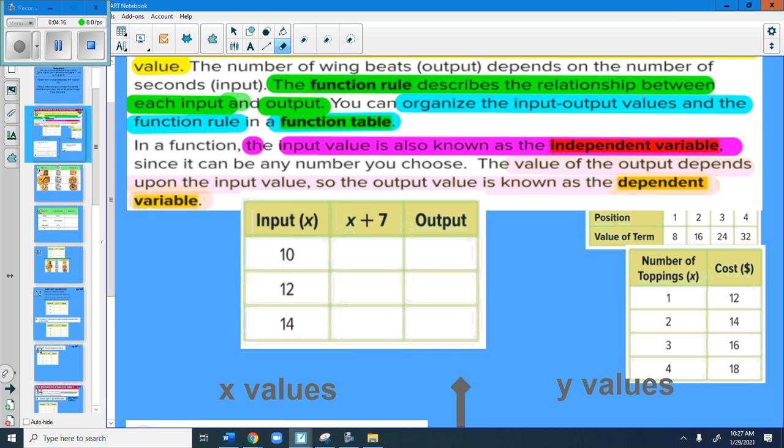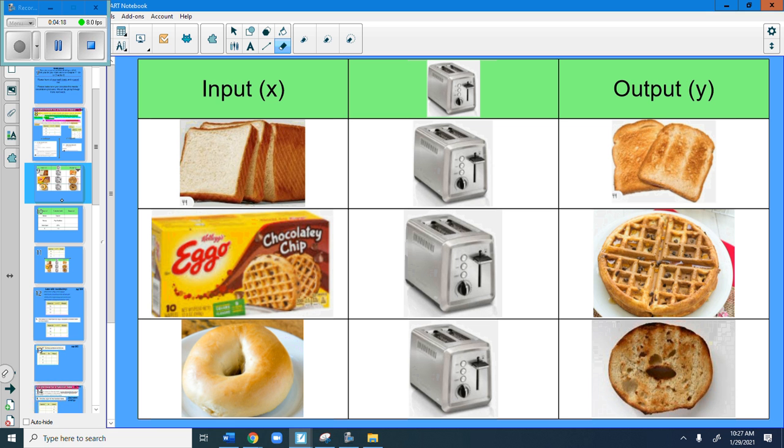Okay, let's take a look here. We're going to relate this to the function tables that you just learned about. You don't need to be writing or doing anything. I just need you to watch up here for not very much longer, and you'll get to do some, I promise. What is our rule in this function table? A toaster.